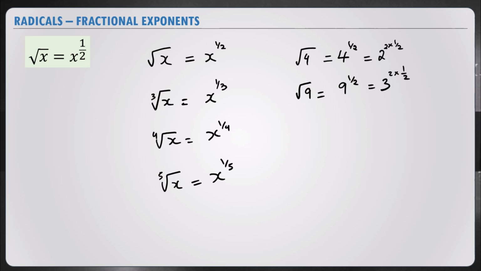Then what if we have the cube root of 27? That's equal to 27 to the power of 1/3, which is 3 to the power of 3 times 1/3. Always think of radicals as fractional exponents, and let's get into some practice.